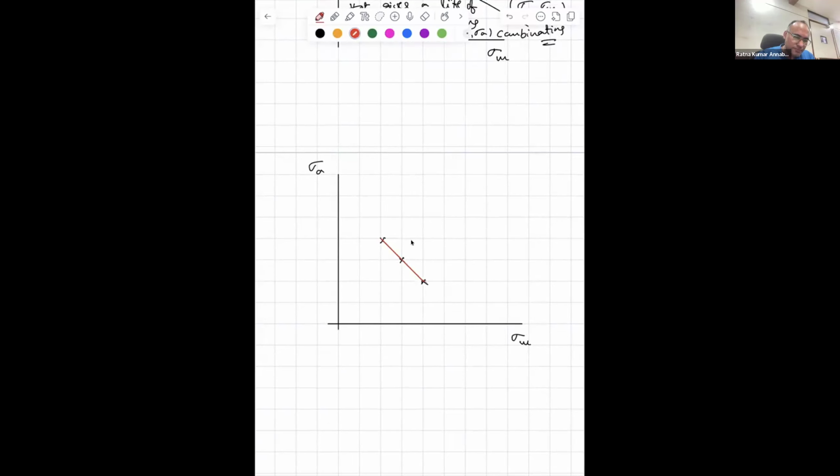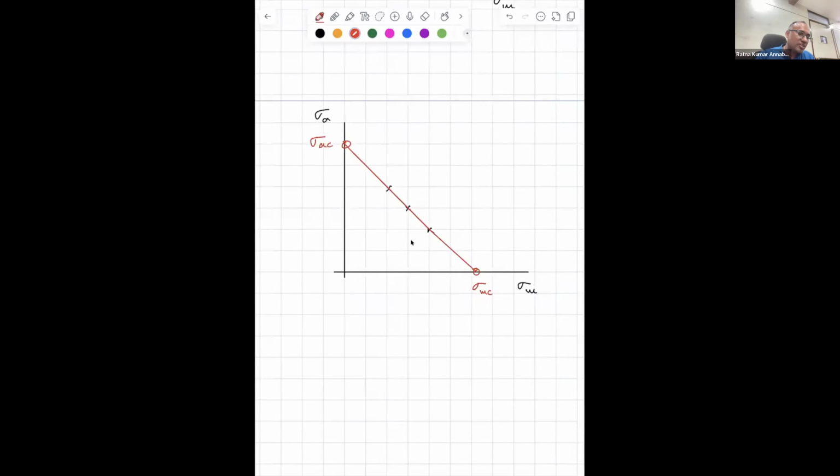This line extends and hits the x-axis at that point, and hits the y-axis at that point. Let us say on the x-axis, wherever it hits, I call it sigma m critical, and on the y-axis, sigma a critical. Then what can I write as the equation of this line?